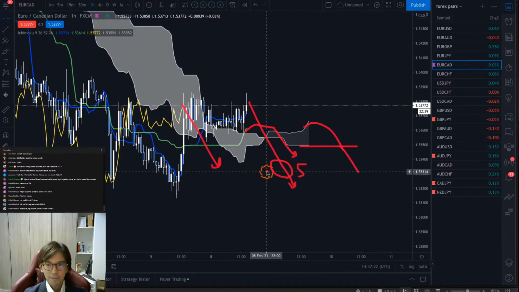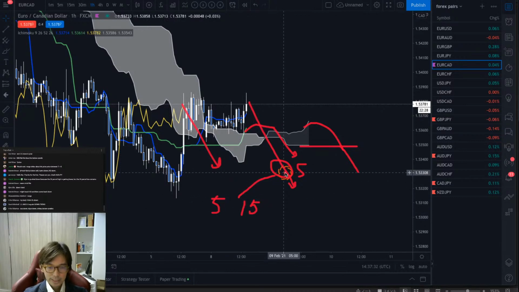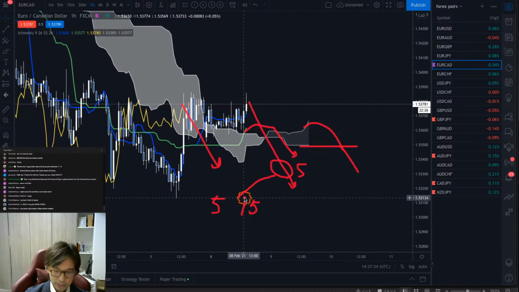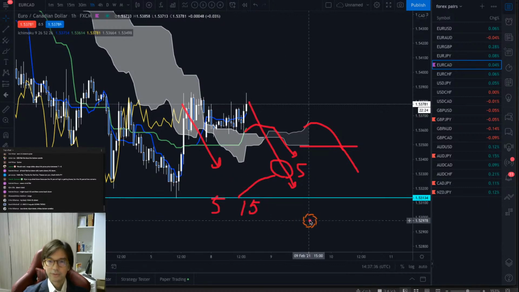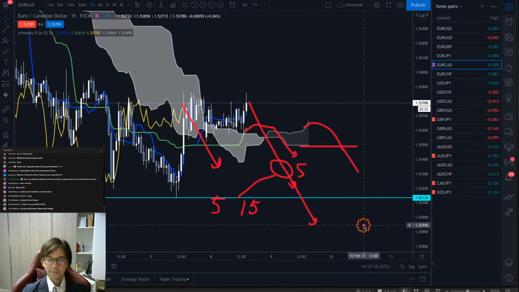I look at the 5 or 15-minute chart to look for the sell chance and expect the breakout of the previous low down this way.